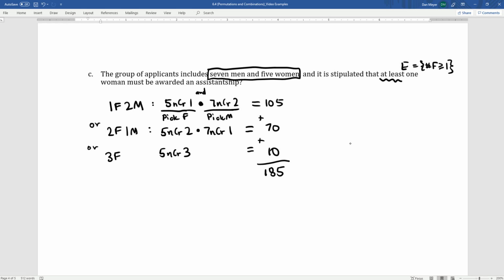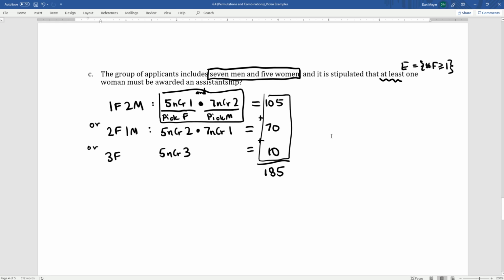If you're not quite understanding this multiplication principle business, you can kind of get some of this done by saying all the ands are multiply and all the ors are add. But I would prefer that you understand, hey, this is a two-stage multiplication principle problem. Okay? And the reason why we're adding is we've partitioned our event and computed each of the sub-events individually, and then we're going to add them all up.